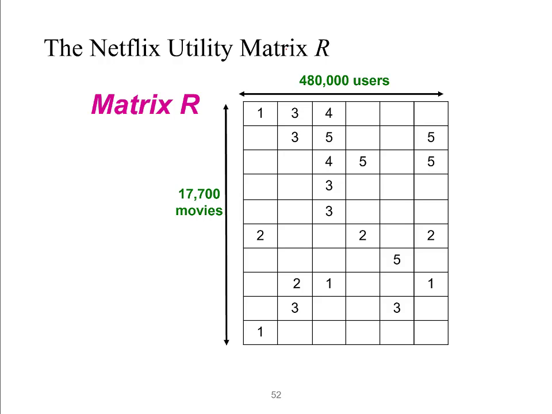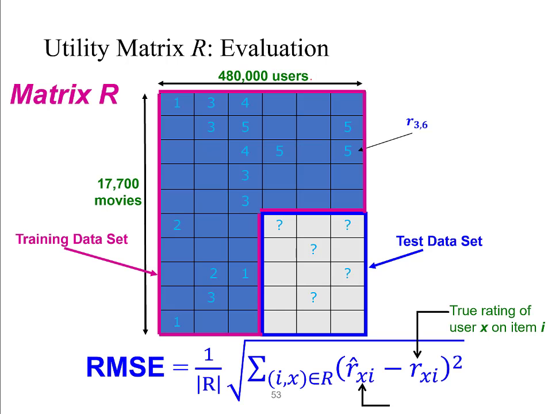So here is what the matrix looks like. We have users and movies, and the ratings. The ratings are integers between 1 and 5. And we have a test data set.